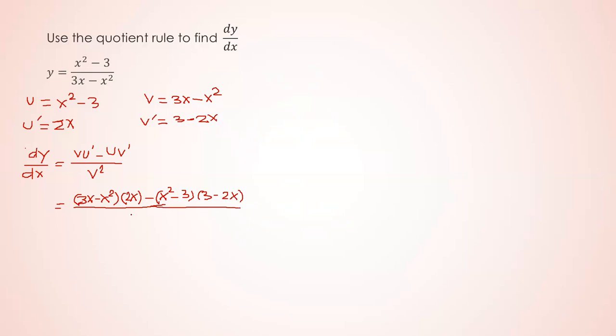The denominator is v squared, which means 3x minus x squared, squared, like this.